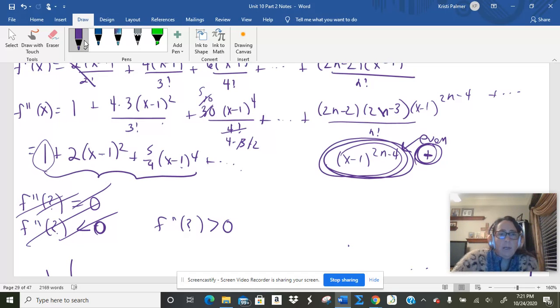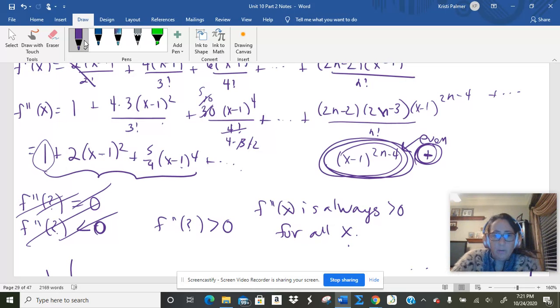No matter what I plug in for x, f double prime of x is always greater than 0, for all x that we have. So could I ever have a point of inflection? No. Not possible. That second derivative is always positive no matter what you plug in for x.